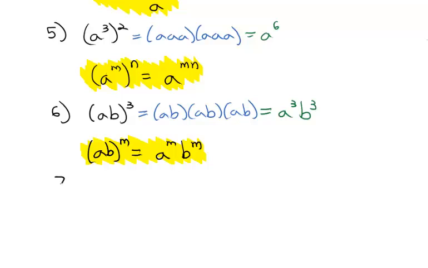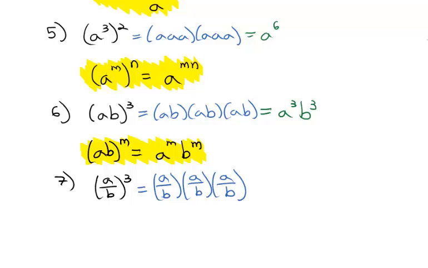Similar thing happens with division. If we've got a over b cubed, that means it's going to happen 3 times: a over b times a over b times a over b, which means in total we've got a cubed in the numerator and b cubed in the denominator.